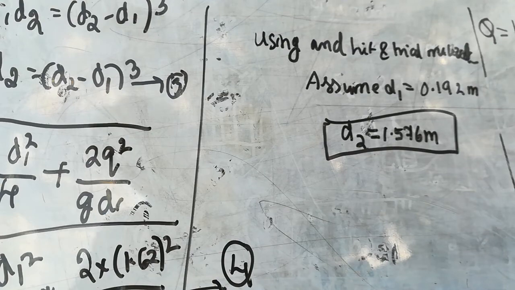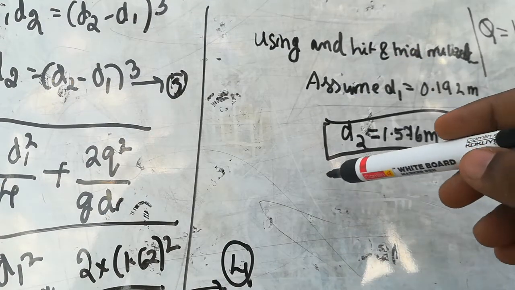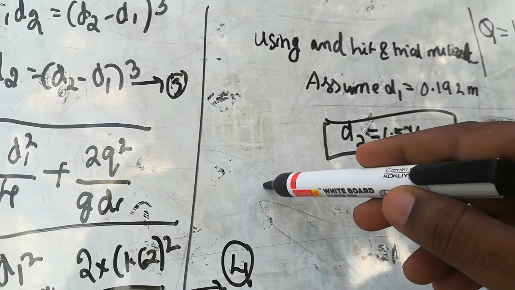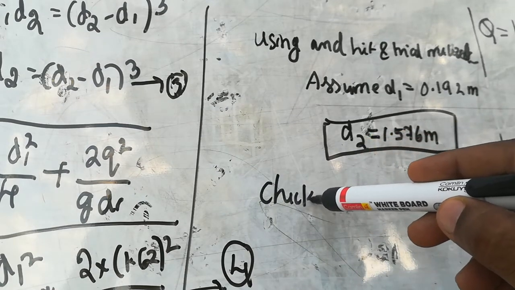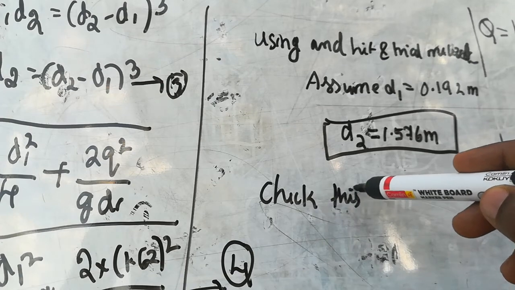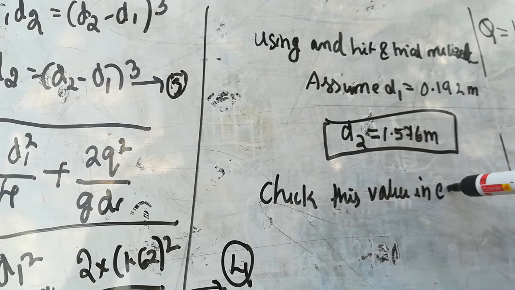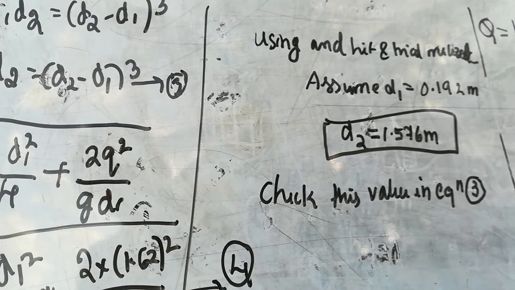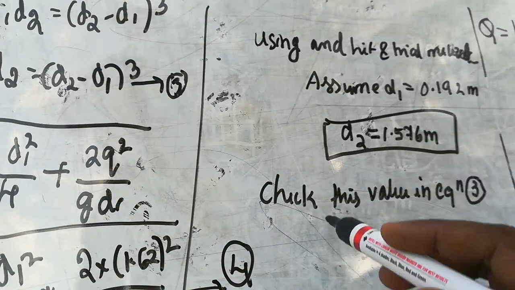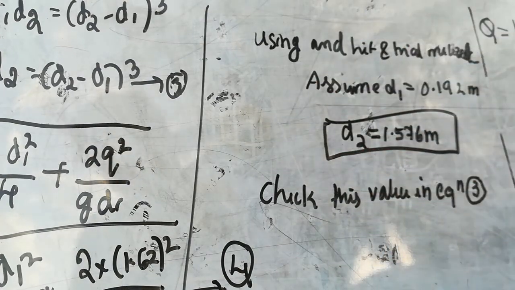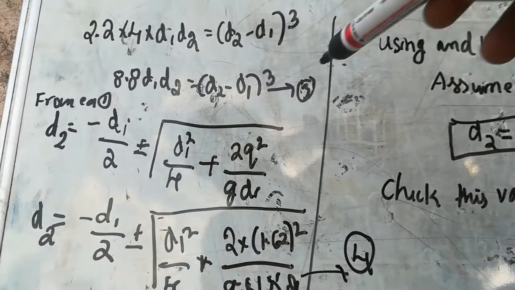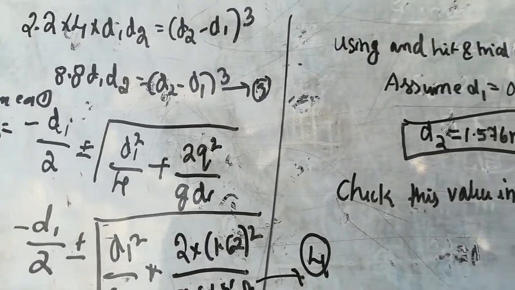Now check this in the equation: 8.8 d1 d2 is equal to (d2 minus d1) whole cube.